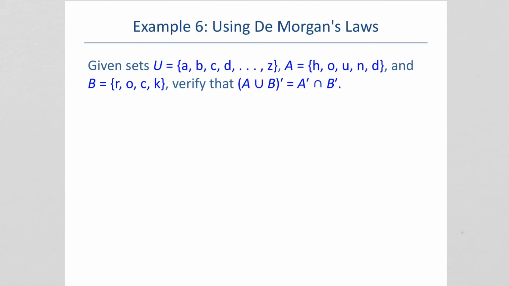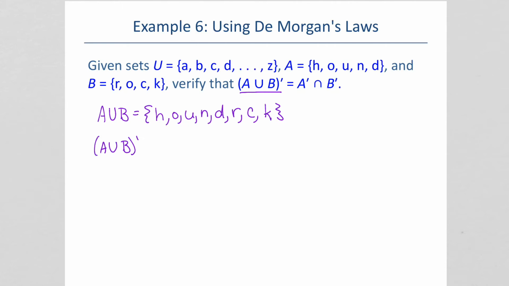The first thing we want to do is list the elements of the complement of A union B. Before that, we need to list the elements of A unioned with B: H, O, U, N, D, R, C, K. And then the complement of that would be all the letters of the alphabet that aren't these letters.